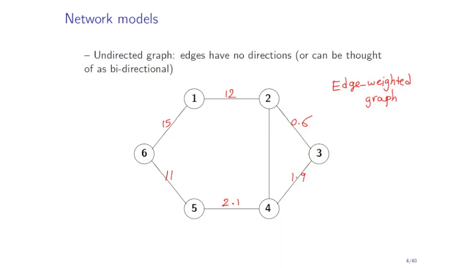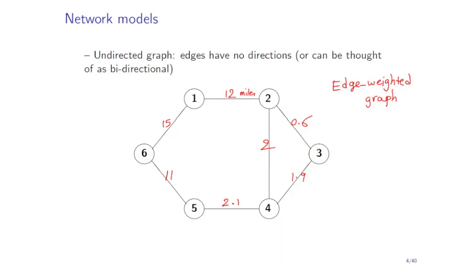For example, if this is a transportation network of 6 different cities, then the number 12 can mean that the distance between city 1 and city 2 is 12 miles, or between city 5 and city 6 is 11 miles.